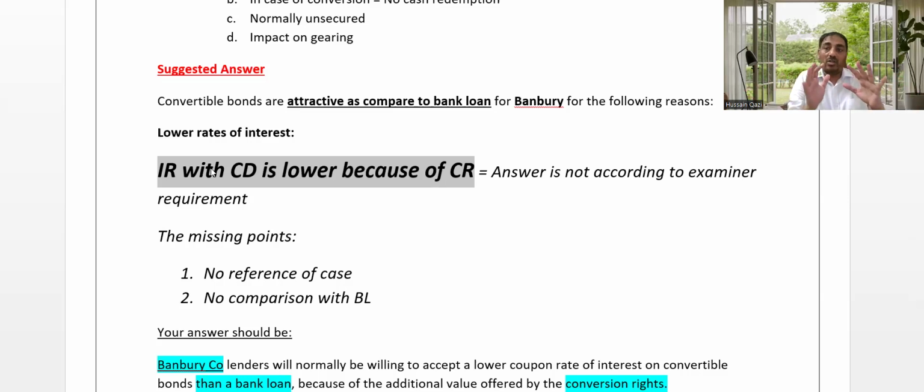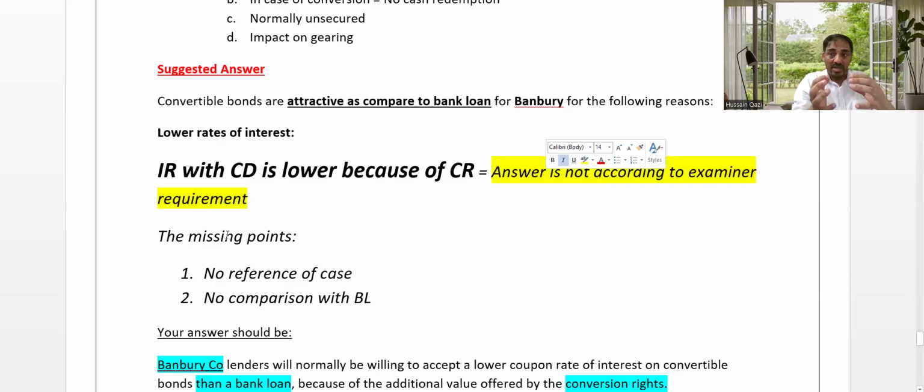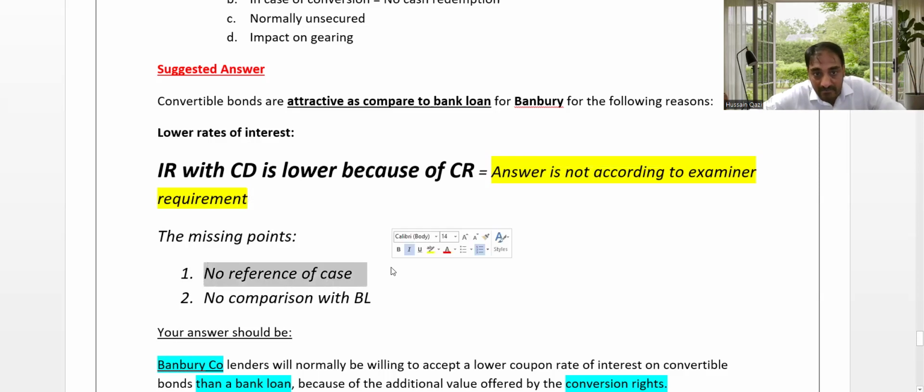But you will be able to get very limited marks because the answer is not according to examiner requirement. Why? Because your draft is missing the tone you need to opt. That's no reference to the case and no comparison with bank loan.